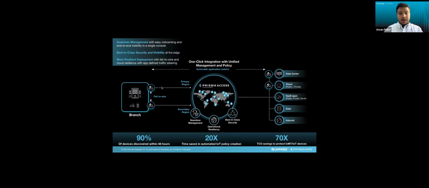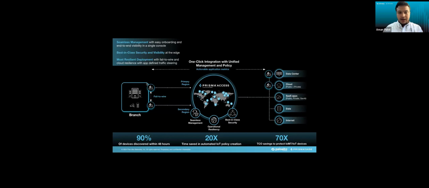When you bring up any SD-WAN device, it automatically detects the Prisma Access node. So these nodes are distributed globally, right? It automatically detects the node, and more importantly, these nodes are identified based on their closest proximity. So suppose this branch is located in India, Mumbai region, right?